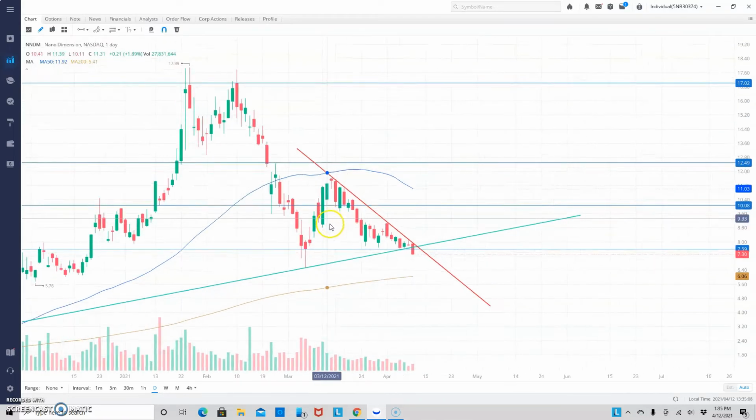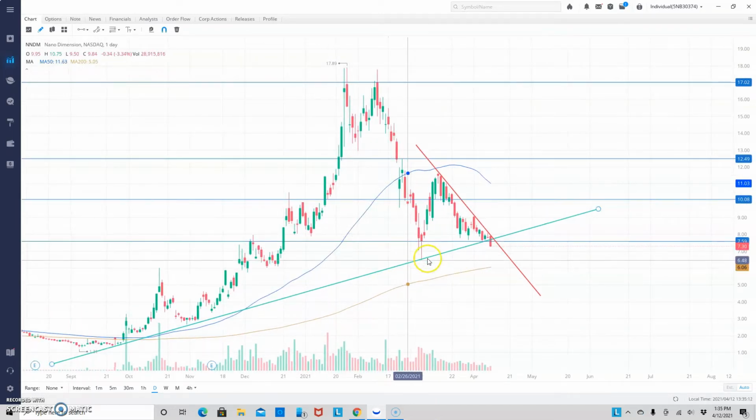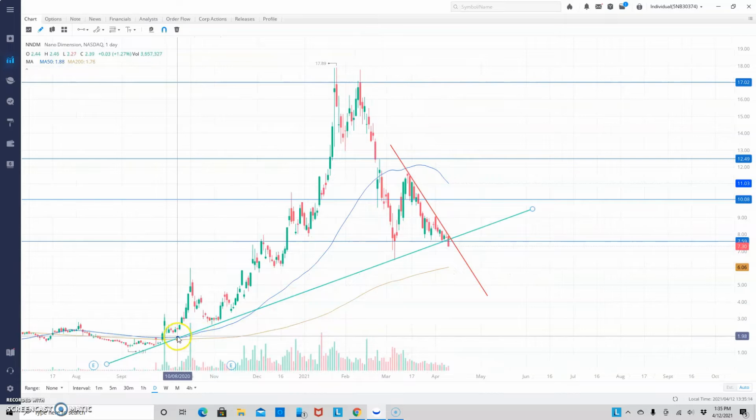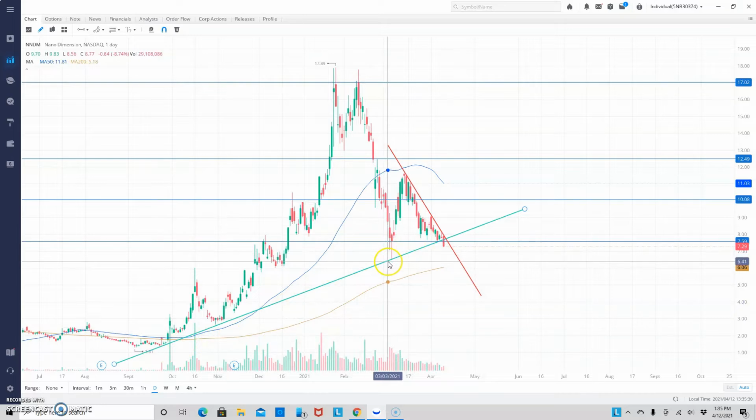So let's take a look at my first trend line I drew. Okay, it's the green one, and this is the uptrend that it's been on since back here where I started it. It was back in September when you saw this thing really take off right here. So you could see I started this trend line back here around September 25th, around this area right here. And I connected it right around this bottom of March 5th.